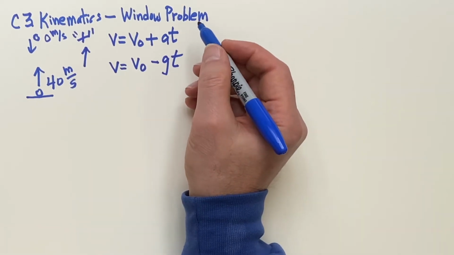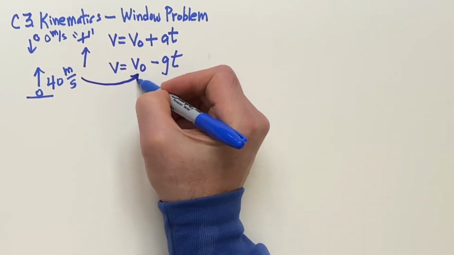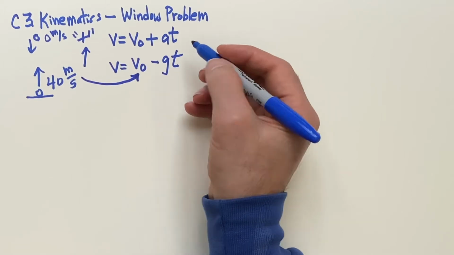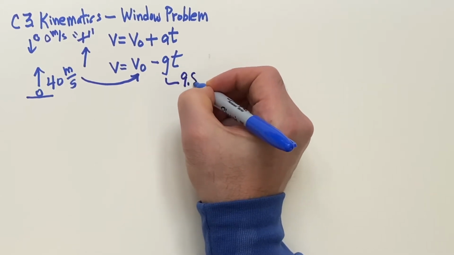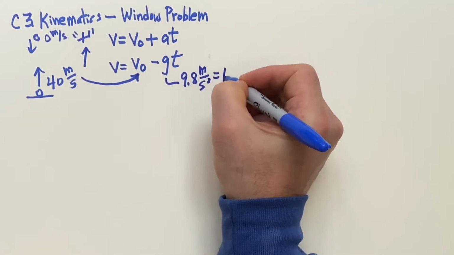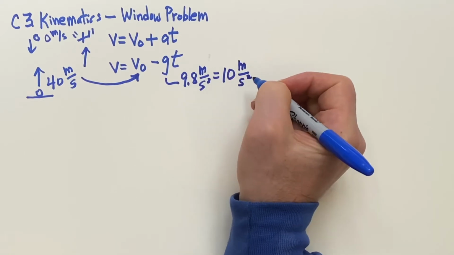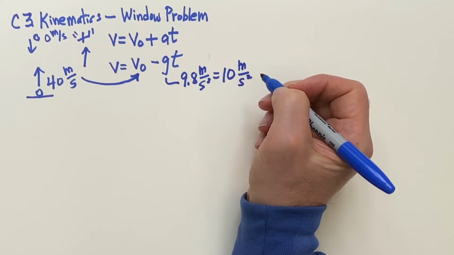And then we have that 40 is the initial velocity. We're going to make the math very simple and take the 9.8 meters per second squared and use 10. I don't want the arithmetic to distract us. So this will help us with the numbers.